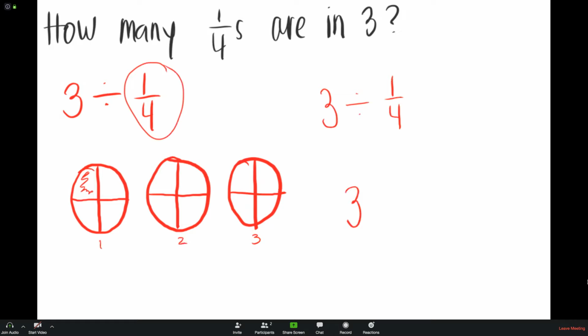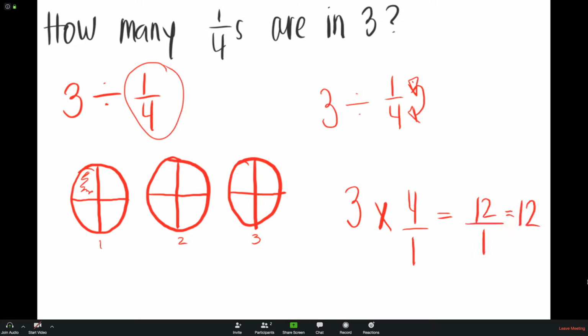F is flip the second term, so here we're going to flip and find our reciprocal, which would be 4 over 1. We're just flipping it upside down. And then C, change our division sign to multiplication. Now we have 3 times 4 over 1. So 3 times 4 is 12 over 1, equals 12.